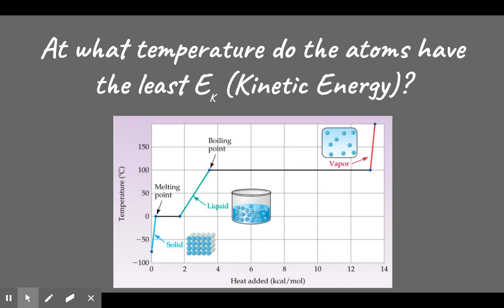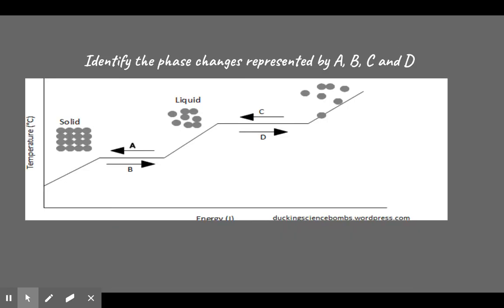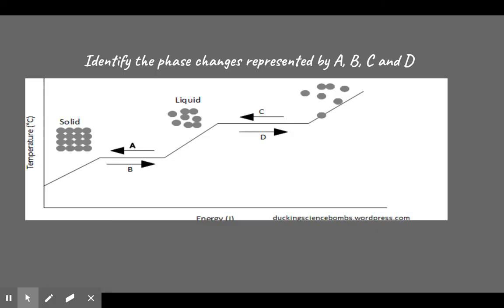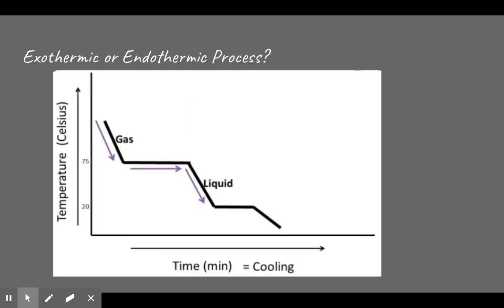At what temperature on this heating curve do the atoms have the least amount of kinetic energy? On this graph, you're going to identify the phase changes represented by A, B, C, and D. Identify whether this curve represents an exothermic or an endothermic process.